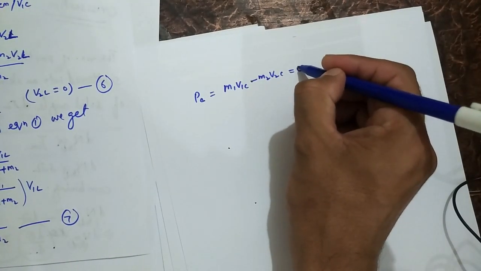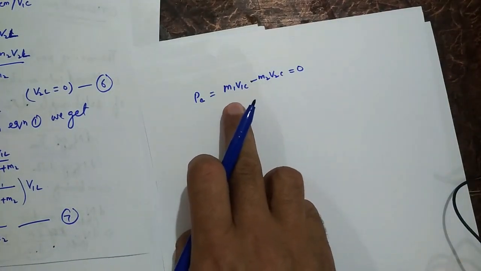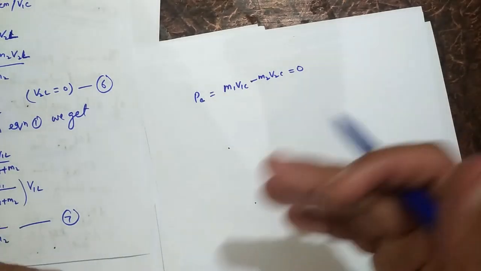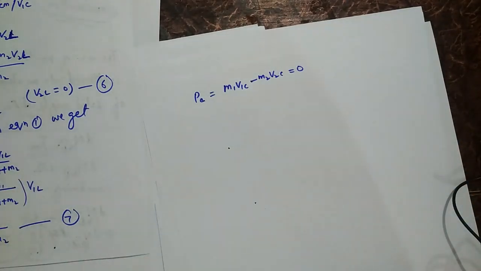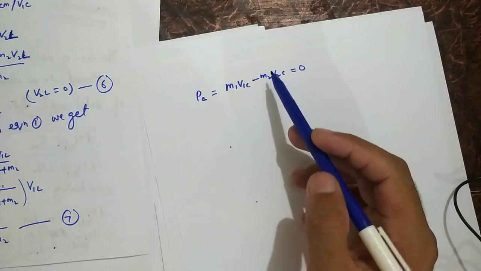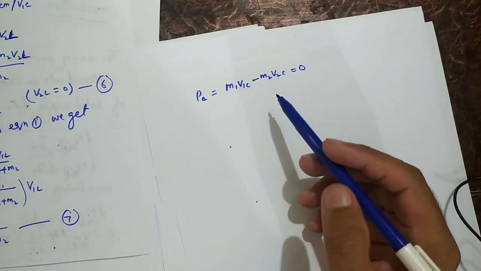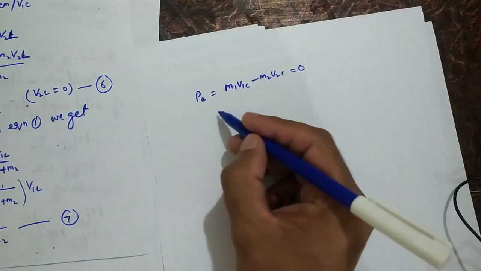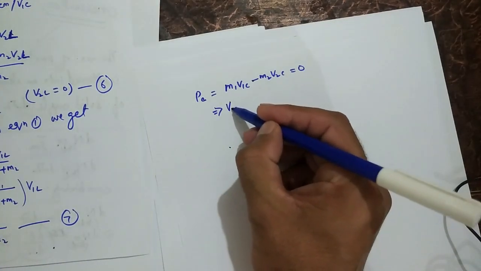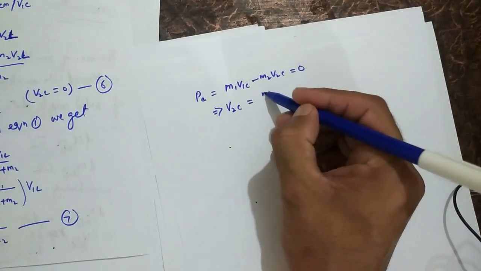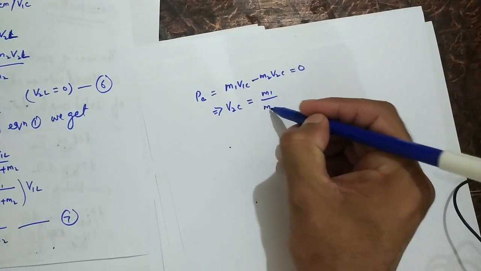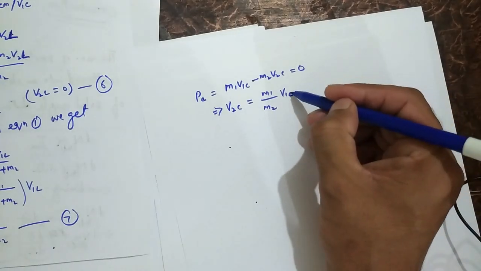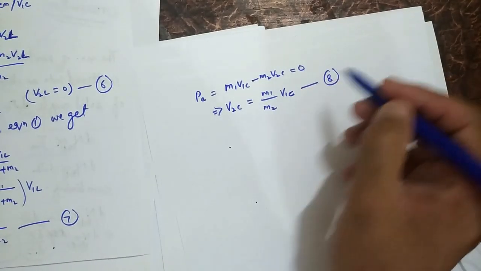This is equal to 0, because in the center of mass the projectile and the target particles both are moving opposite to each other. That is why this one term is negative. So by simplifying it, this implies that v2c will be equal to m1 upon m2 into v1c. This is equation number 8.